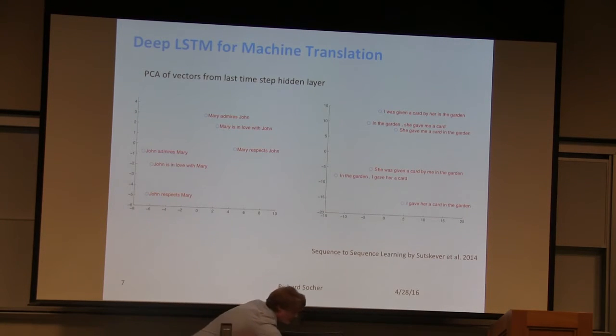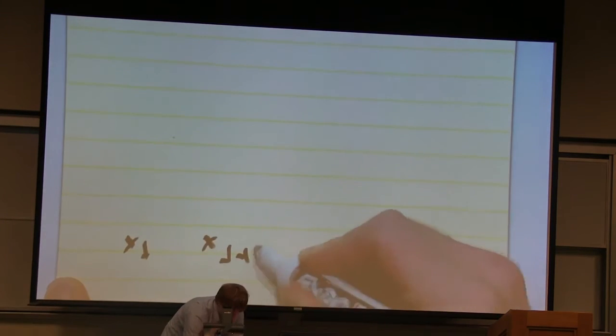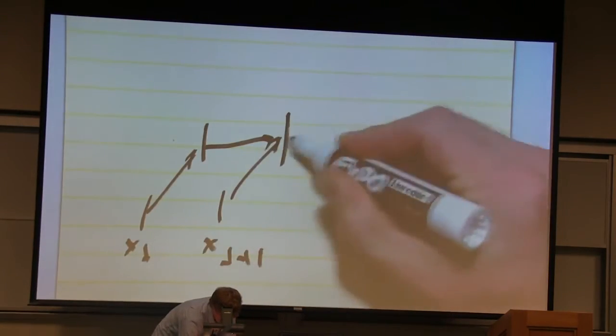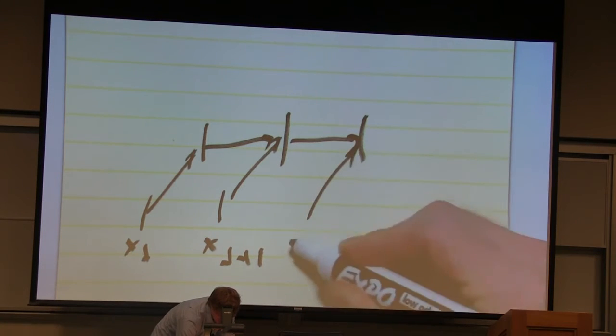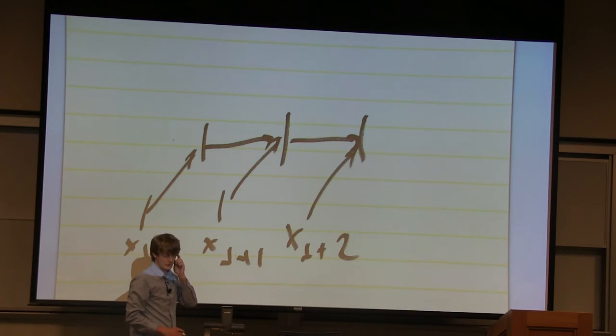So let me just showcase really quickly what I mean here. In general, we have our input vectors xt and xt plus 1, and we plug those into some recurrent neural nets, and xt plus 2. This is our standard recurrent neural network.